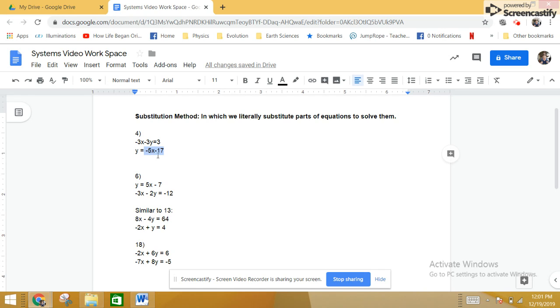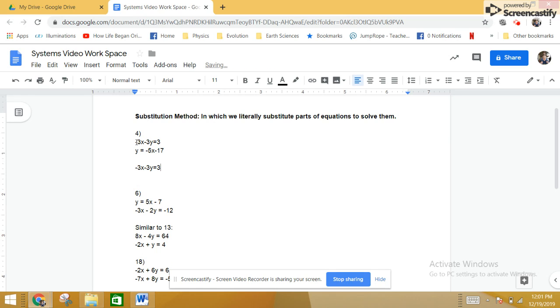Y equals negative 5x minus 17. So copy that equation over, and what I'm going to do instead is replace y with this. So I'm going to go down here, parentheses, and in parentheses, I just replaced y with negative 5x minus 17, and I will simplify that.